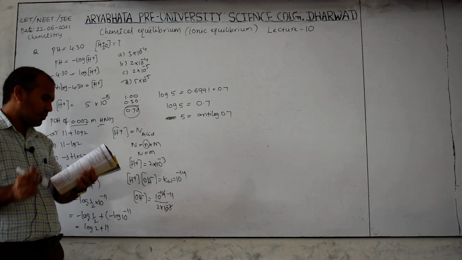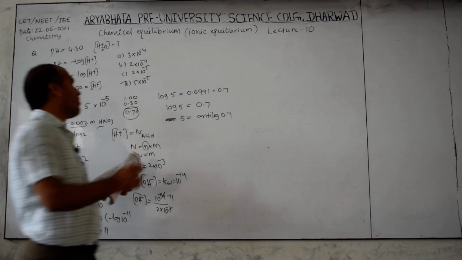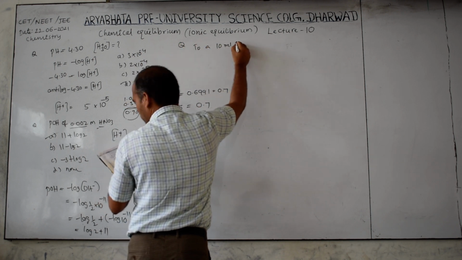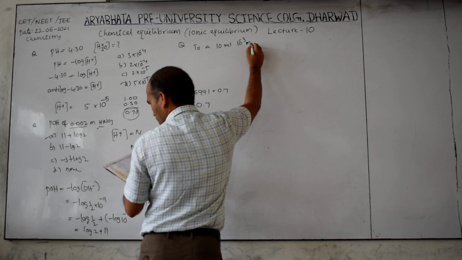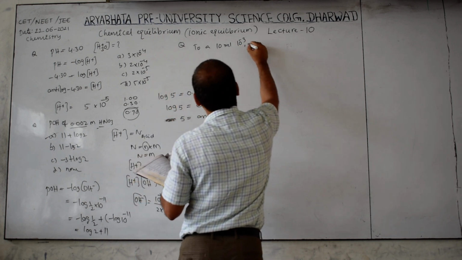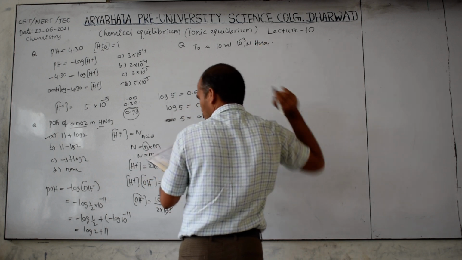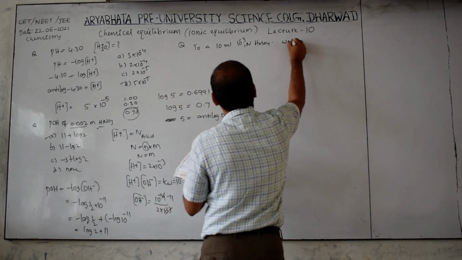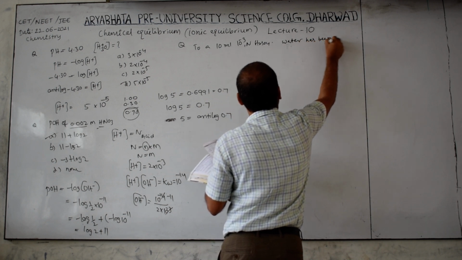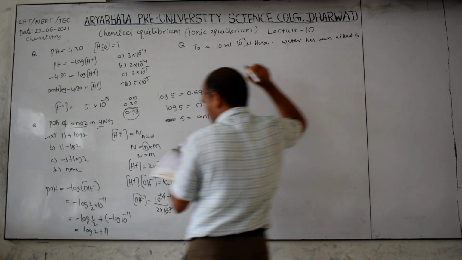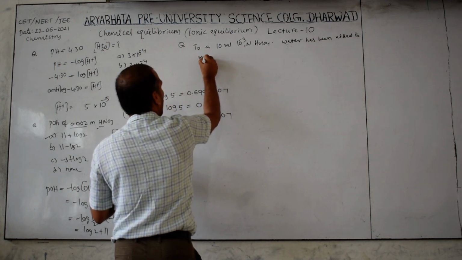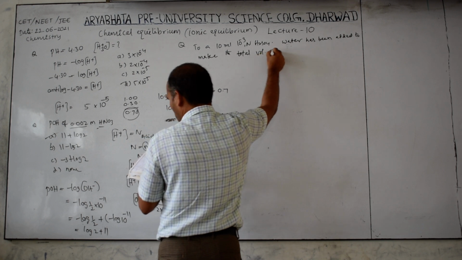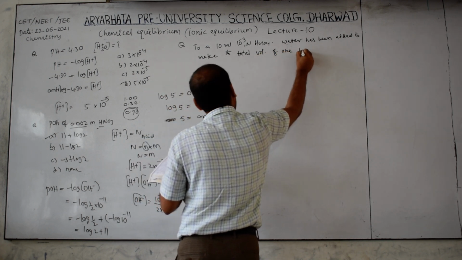Now, to 10 ml of 10 power minus 3 N H2SO4 solution, water has been added to make the total volume of 1 liter.